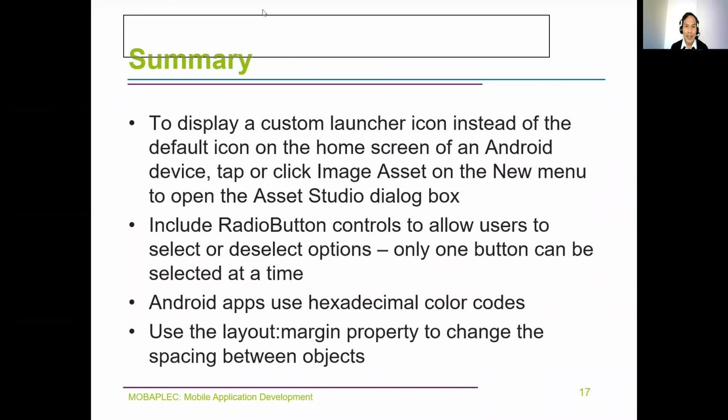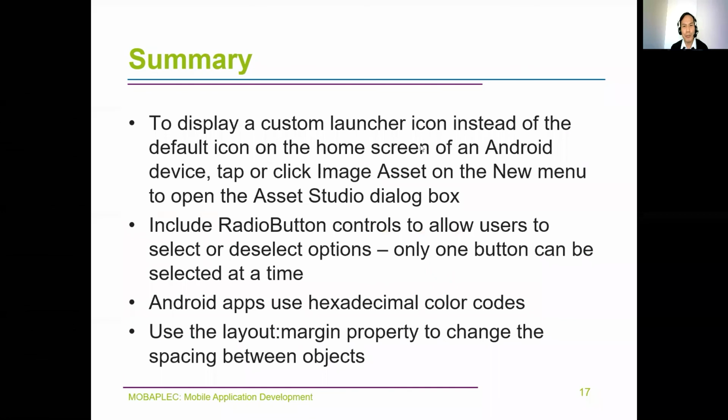So the summary: of course, we displayed a custom launcher. We did that, the custom launcher. I will check later the icons that you have with your assignment. We use the default icons. We did that last week. We also included the radio button controls, which was discussed in part 1. We also have color codes based on hexadecimal, and we used the layout based on the different objects.